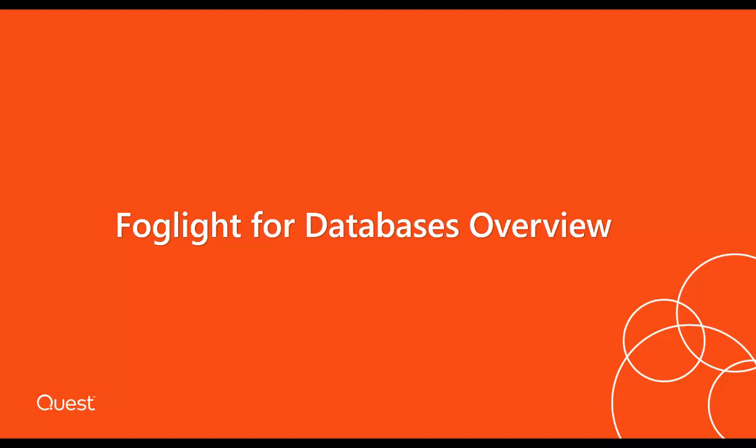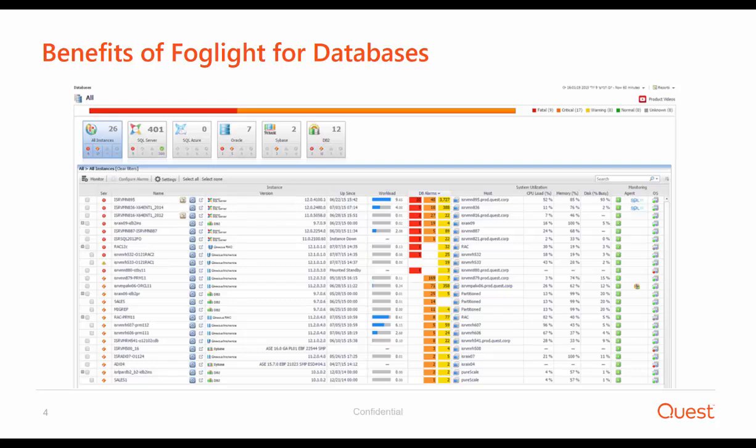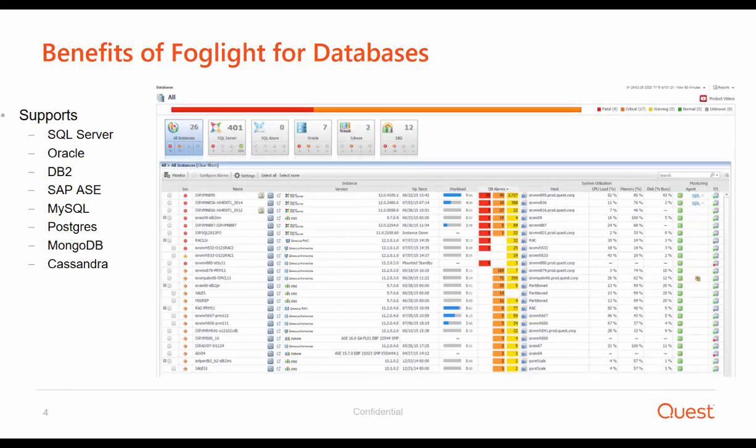So let's start with a quick overview of Foglight for Databases. Foglight for Databases is a heterogeneous solution for monitoring your entire environment across various database flavors from a single view. This solution supports SQL Server, Oracle, DB2, SAP ASE, MySQL, Postgres, MongoDB, and Cassandra.